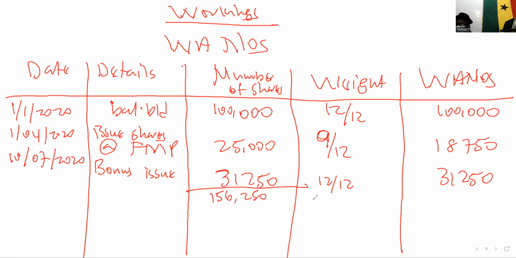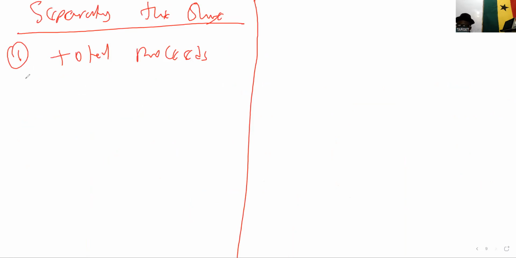So now strike the 1 over 10 on it: 1 over 10 times 156,250. That will be the number of shares that will come in.